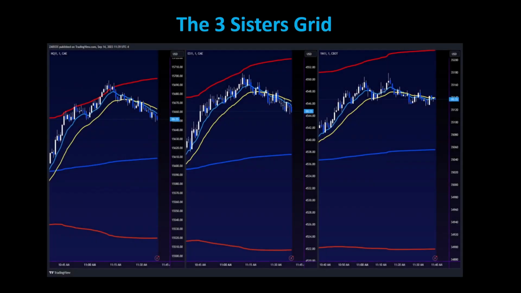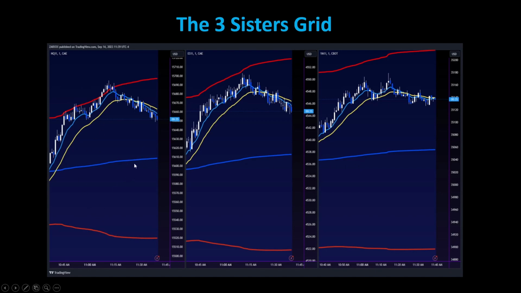The second grid is the Three Sisters grid, and it looks like this. Three charts side by side, the NASDAQ, the S&P, and the Dow from left to right. This is a 1-minute version of the Three Sisters. On the 1-minute version, I also have the VWAP, or volume weighted average price. It's this blue line going through the middle, and then 2.5 standard deviations on the top and the bottom of that VWAP.